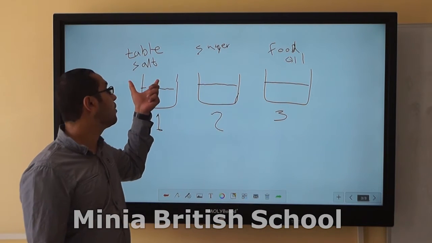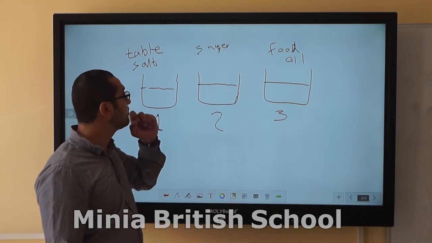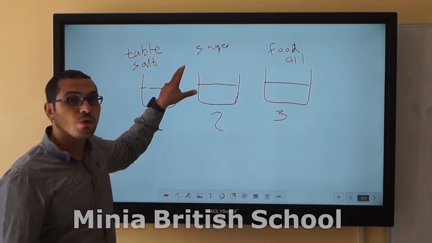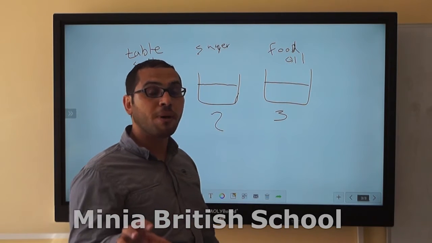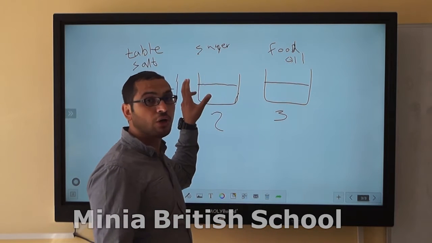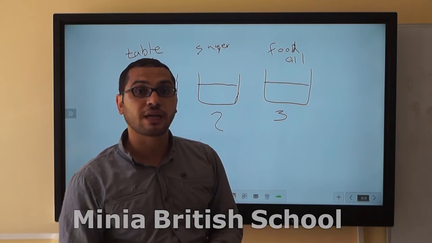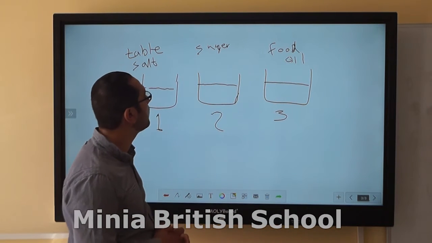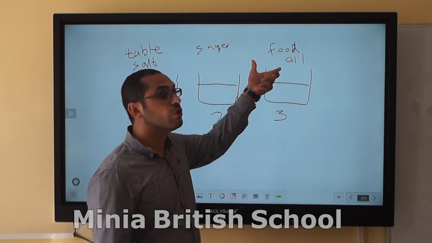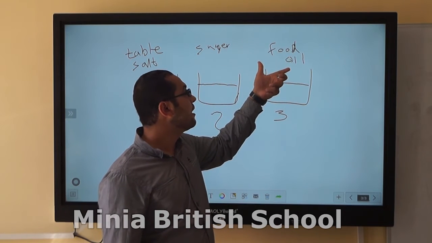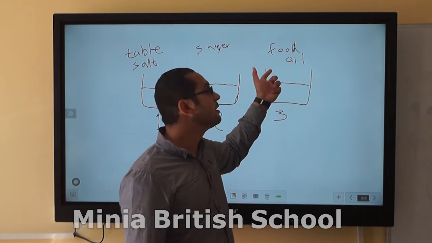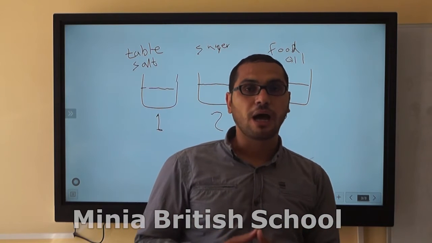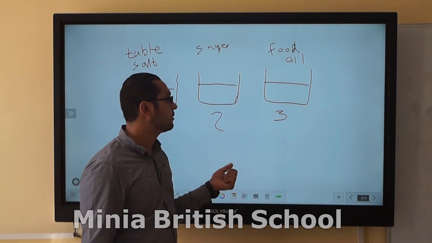The water can also dissolve some covalent compounds such as sugar, because the sugar molecules can form hydrogen bonds with water. While the food oil doesn't dissolve in water because oil cannot form hydrogen bonds with water.